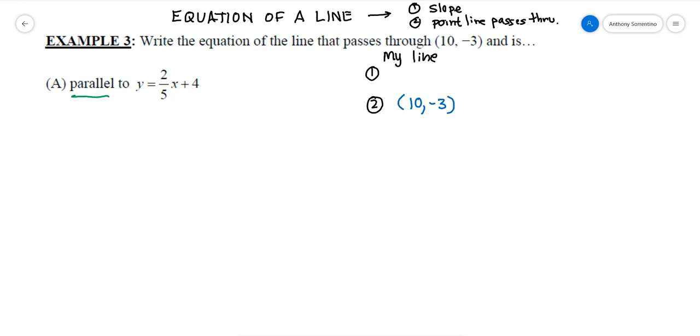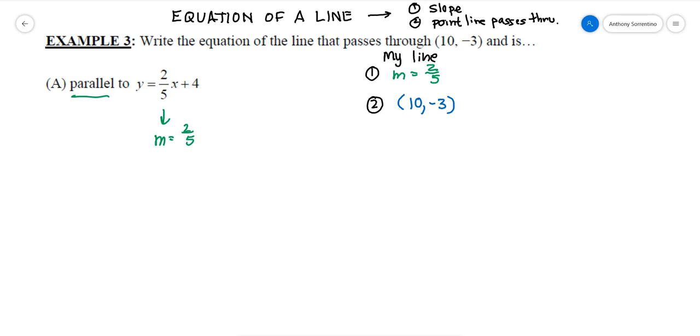And I know it's parallel to this line. And since this is the slope of that line, that means that the slope of my line is also 2/5. So my line has a slope of 2/5 and passes through (10, -3).